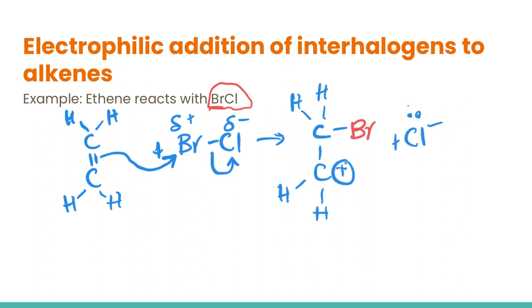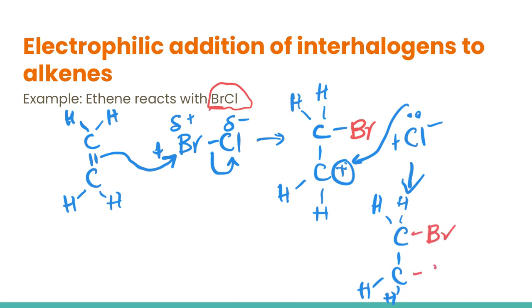We're showing the lone pair of electrons attack the positive center, and that is going to form our final product here. All right, so then we get a bromine on one carbon and a chlorine on the other. So those are 3 examples of different flavors of electrophilic addition reactions. That's it for this video. We'll see you in the next one.